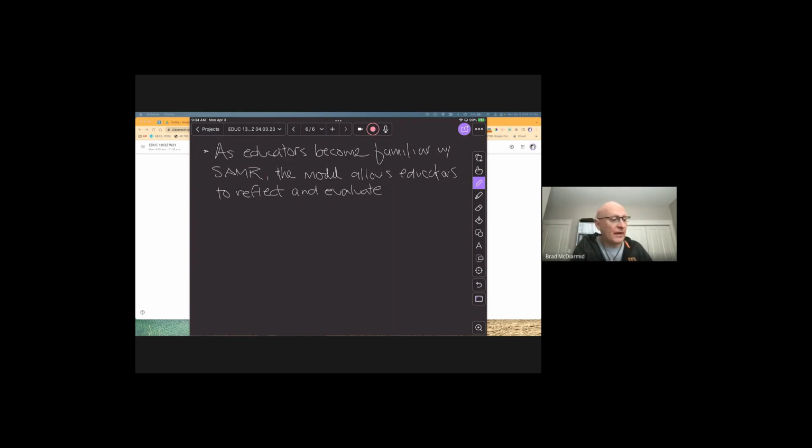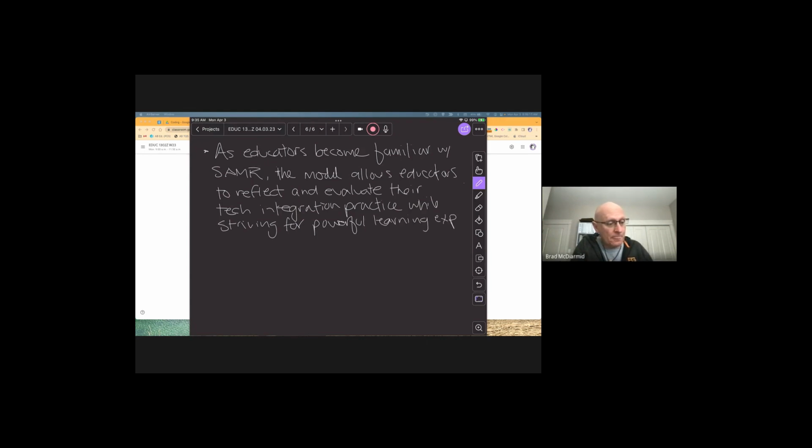Second from the top, evaluate their technology integration practice while striving for powerful learning experiences.